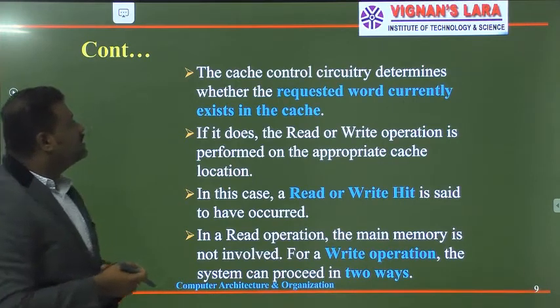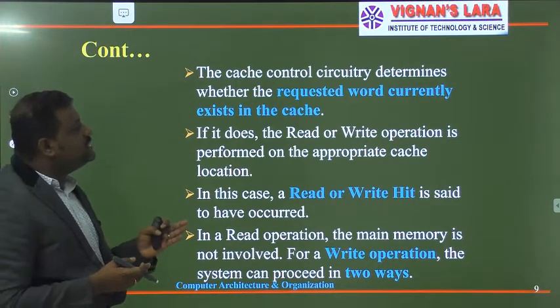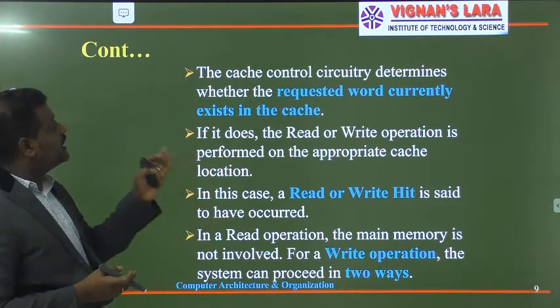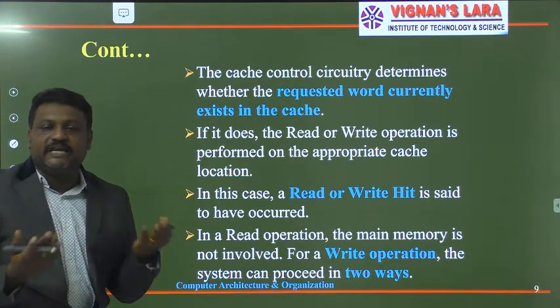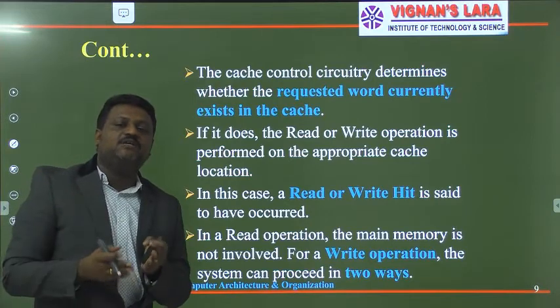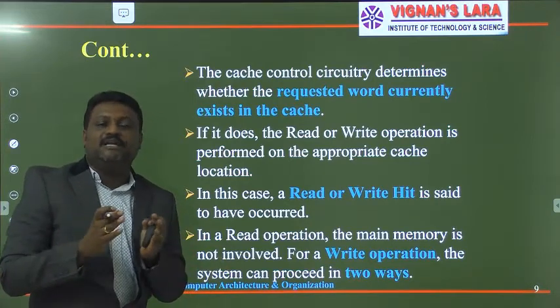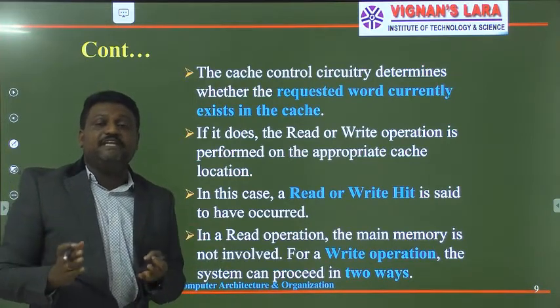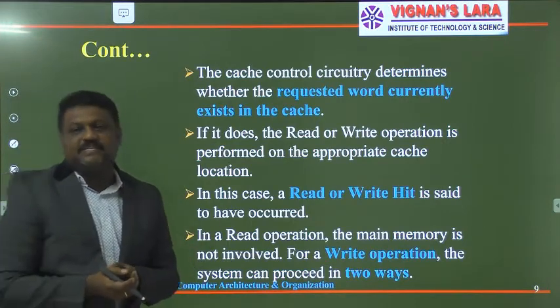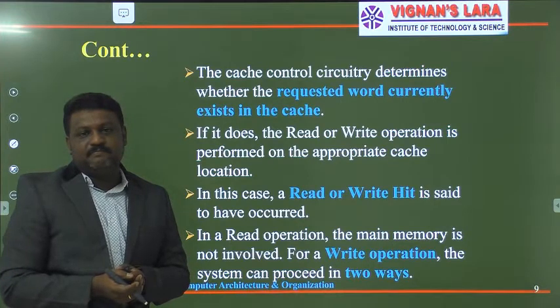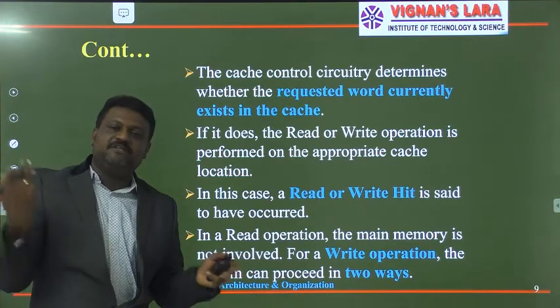Next, the cache control circuit determines whether the requested word currently exists in the cache or not. The task of the cache hardware or control circuitry is to verify whether the word asked for by the processor exists in the cache memory or not. If it exists in the cache memory, simply transfer it.